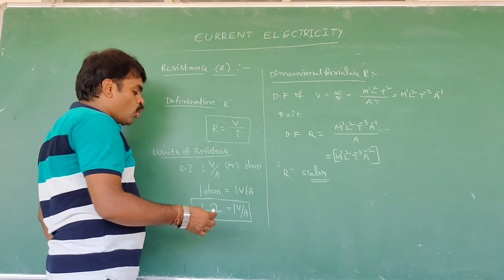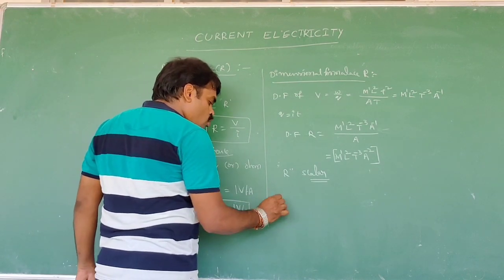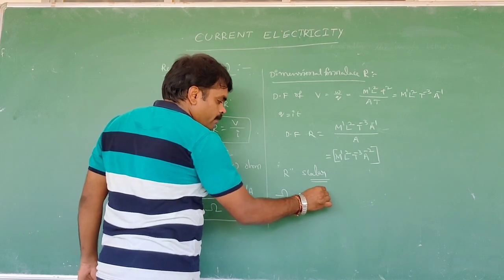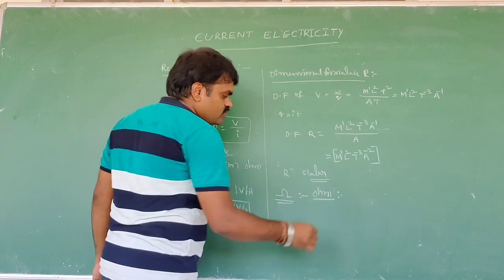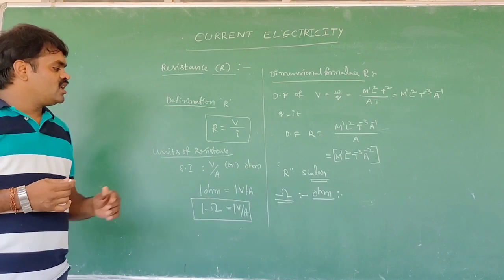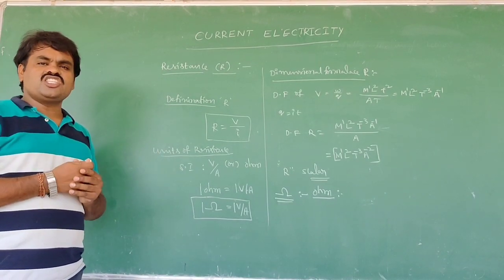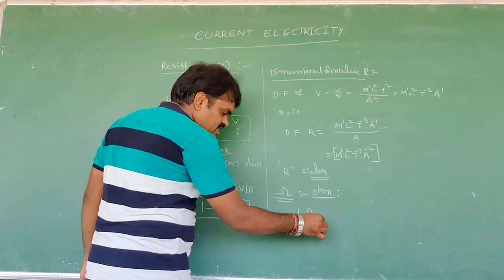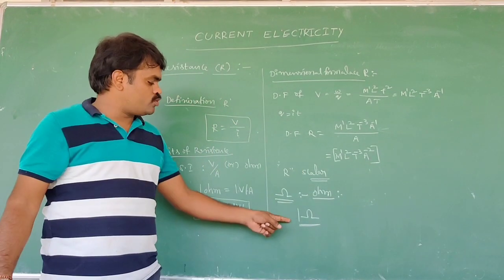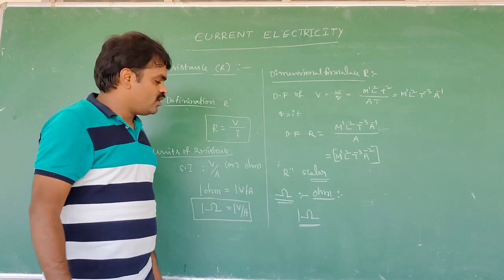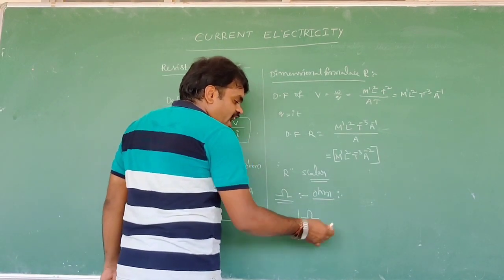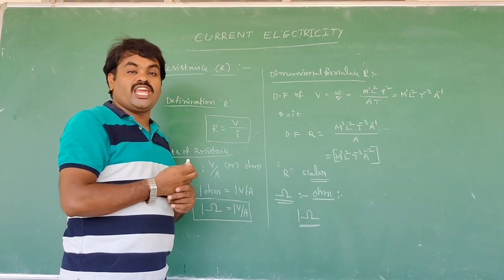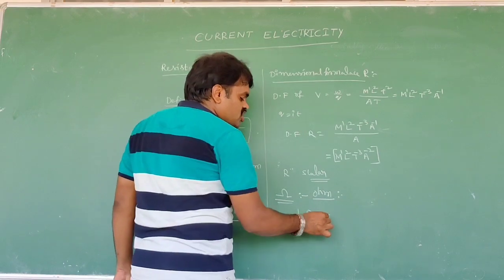Now the definition of ohm. The resistance of the conductor is said to be 1 ohm if the current carried by the conductor is 1 ampere on applying 1 volt of potential.